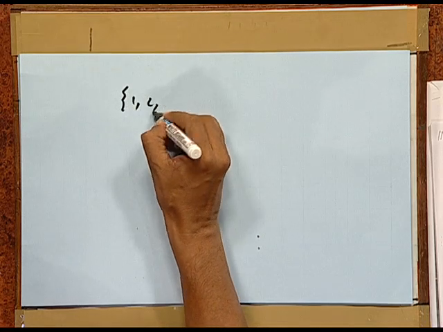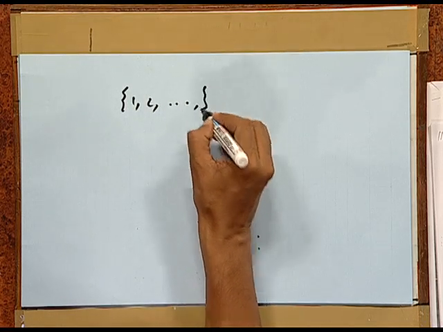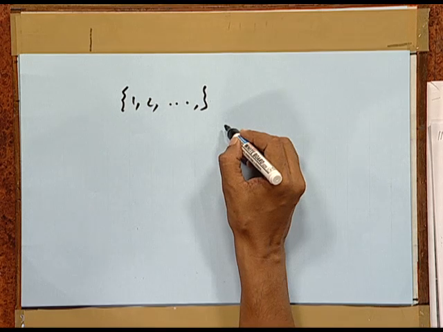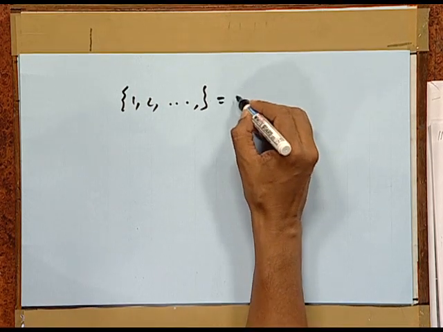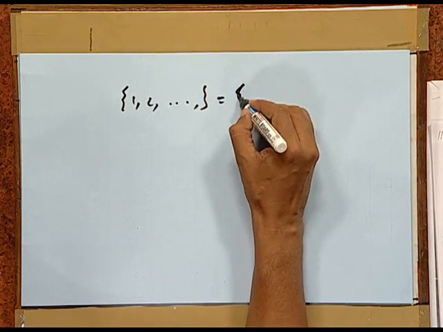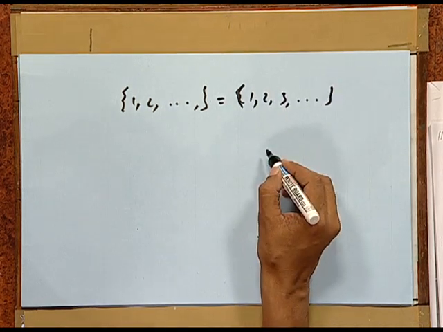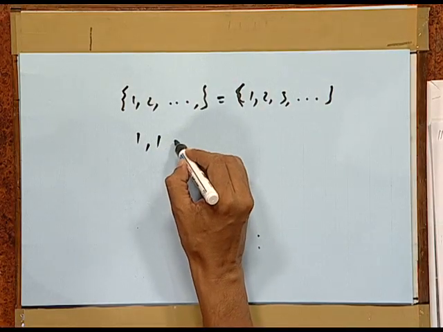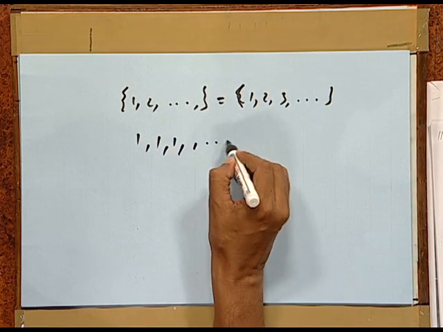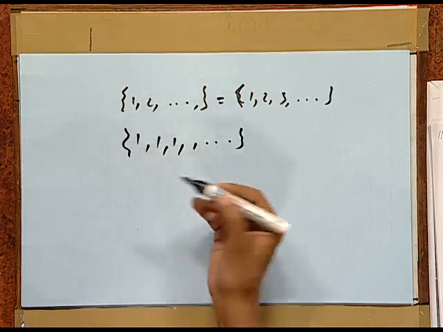Now, we must distinguish between a set and a sequence. The set of natural numbers and the sequence 1, 2, 3 and so on are not exactly the same, because in a set the elements will not repeat, whereas we can have a sequence like this in which all the elements are the same.